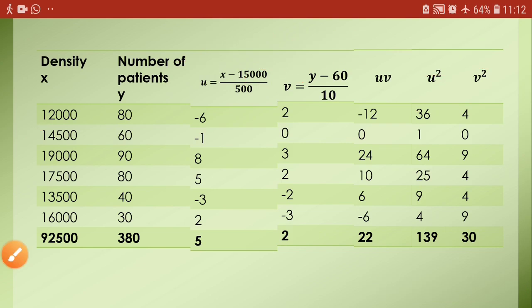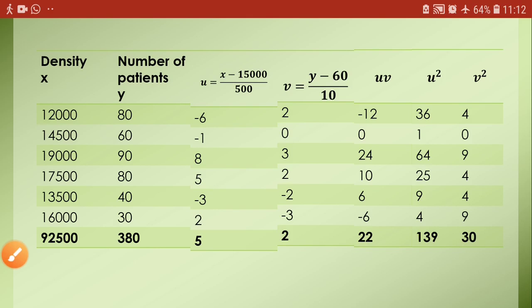Okay, 19,000 minus 15,000, 4,000 upon 500, 8. 17,500 minus 15,000, 2,500 upon 500, 5. 13,500 minus 15,000, that is negative 1,500 upon 500, negative 3. 16,000 minus 15,000, 1,000 upon 500, that is 2.